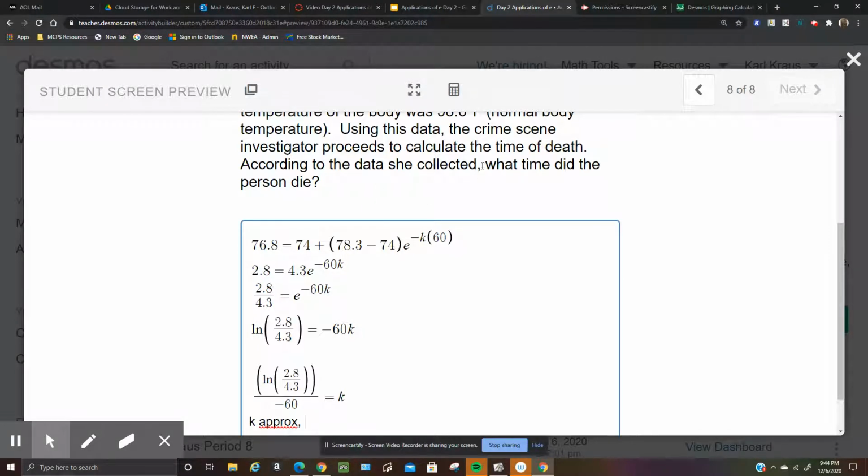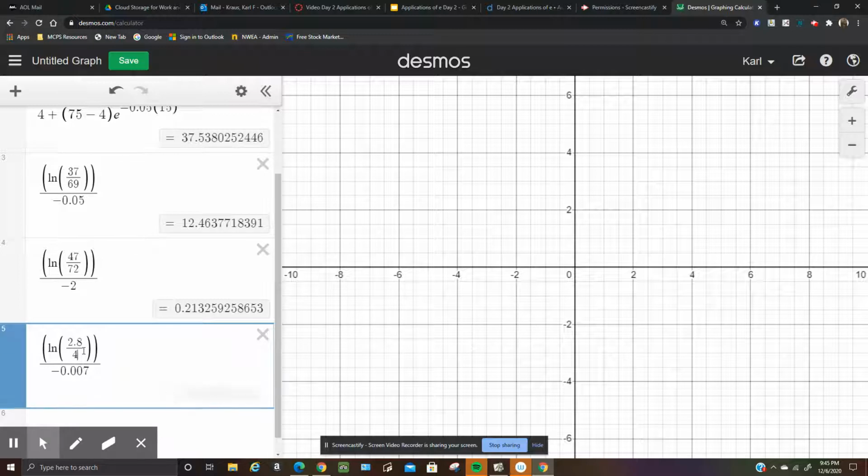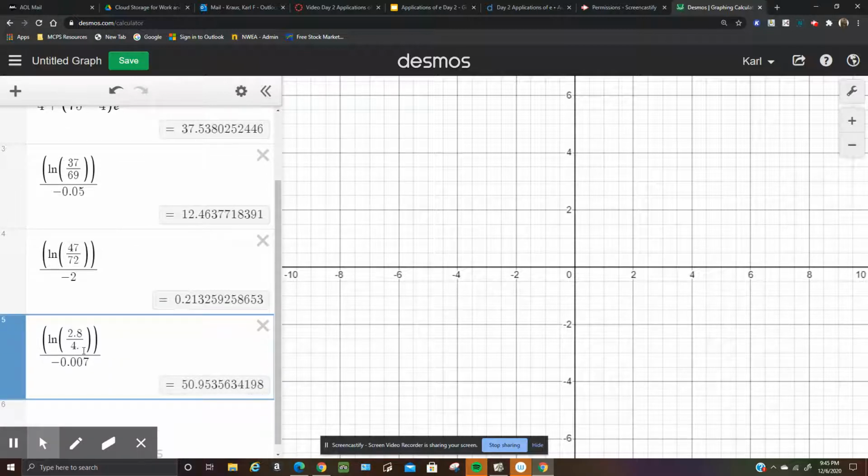No. So 2.8 over 4.3 divided by negative 60.